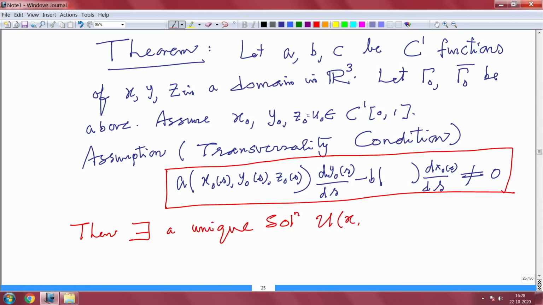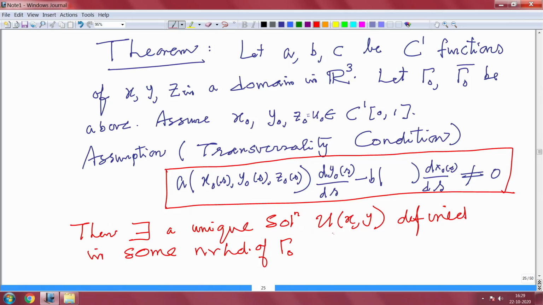u(x,y) defined in some neighborhood of gamma naught, which satisfies the PDE and the initial condition.